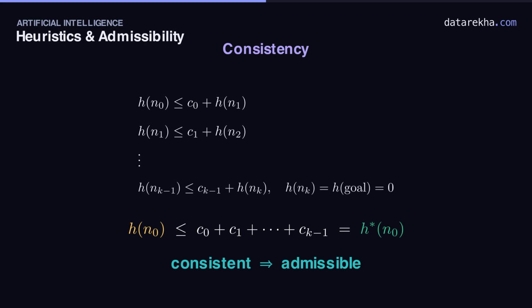So every consistent heuristic is automatically admissible. The reverse, though, is not true. A heuristic can be admissible yet still break the triangle inequality on some edge. Admissible, but inconsistent. Keep that gap in mind. It's a favorite trap. And when your heuristic is consistent, A star never has to revisit a node it already settled.